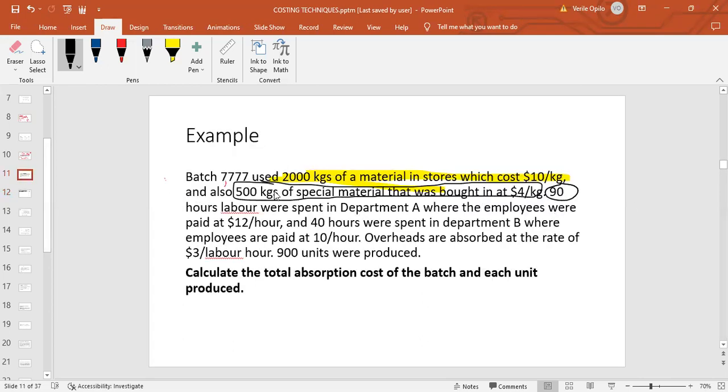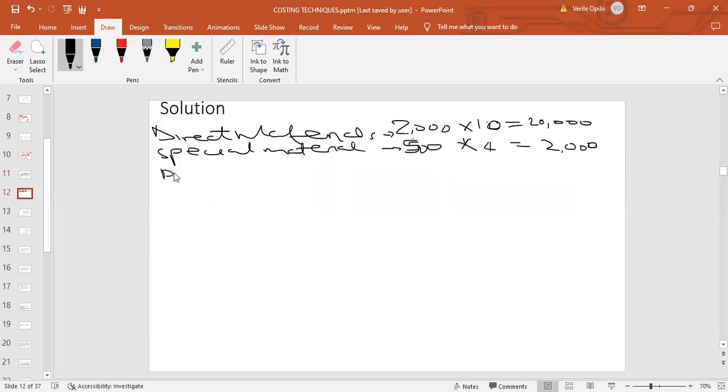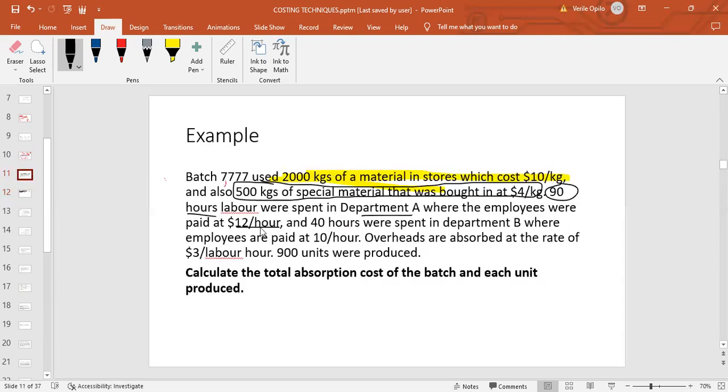So we are given that 90 hours of labor was spent in Department A. And in this case, labor is paid at the rate of $12. So we come here and say direct labor, and direct labor in this case for Department A. We're told that 90 hours was spent and they're paying $12 per hour.